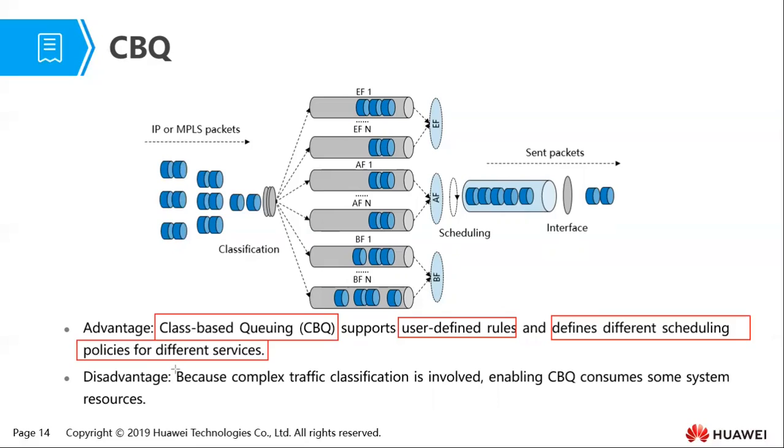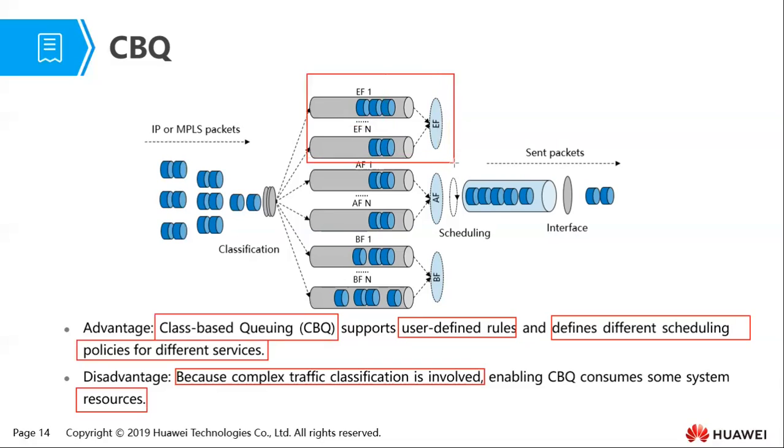The disadvantage of this is that complex traffic classification is involved, and enabling CBQ consumes system resources. Generally here, you can decide that you have an expedited forwarding queue.